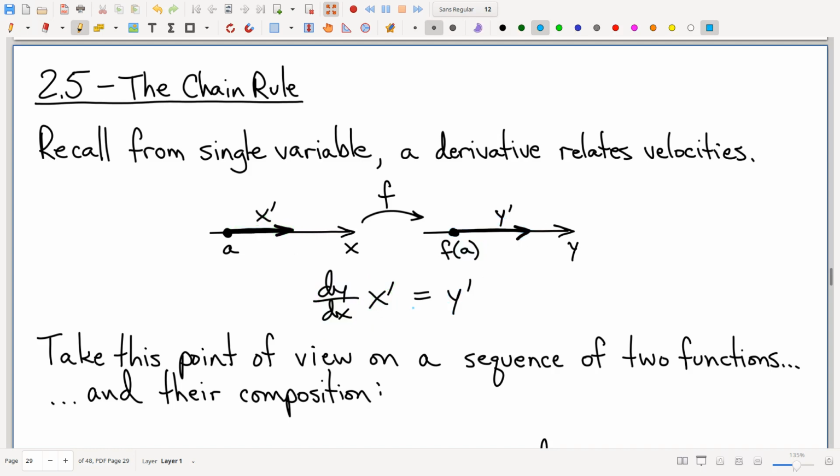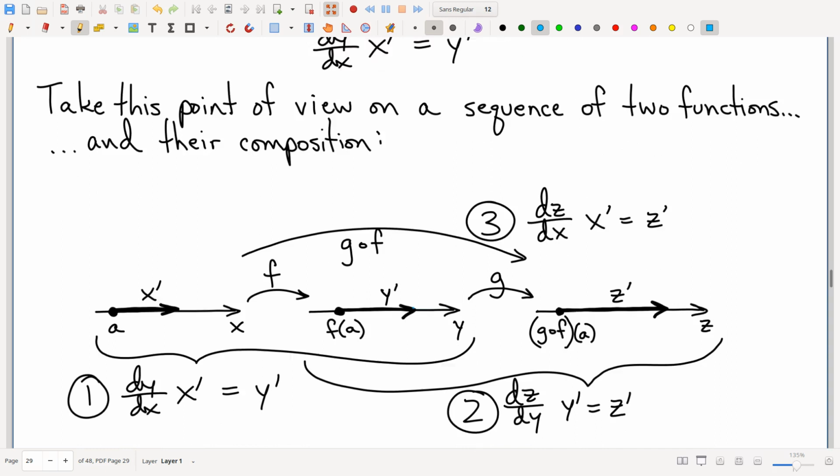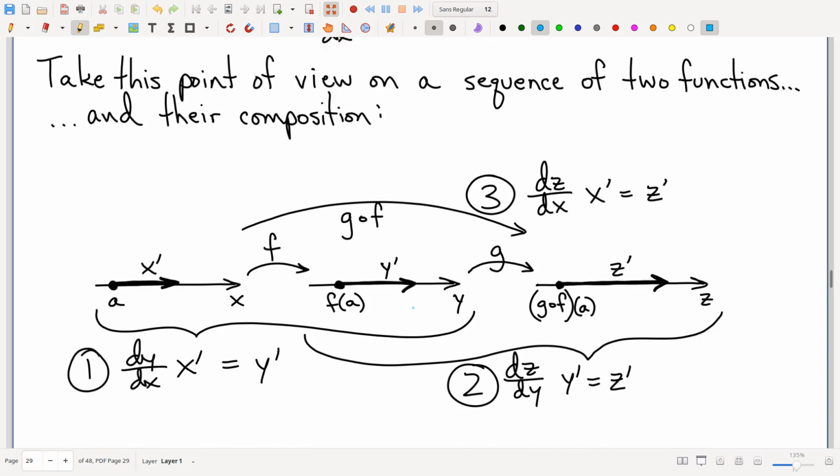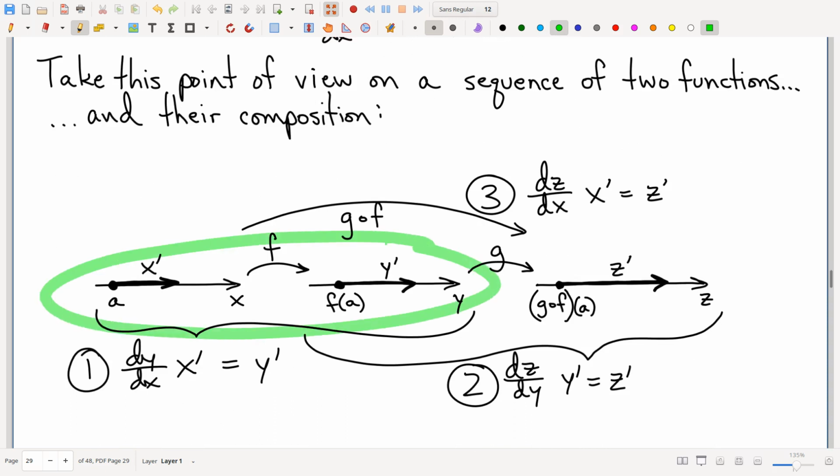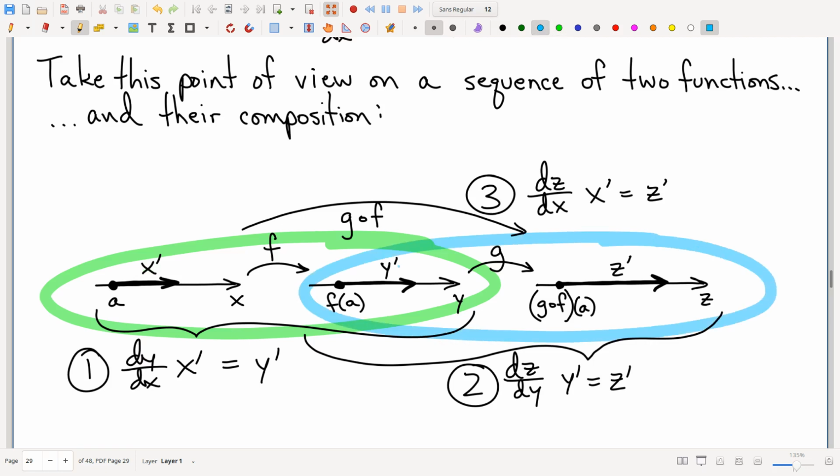So with that established, let's look at this scenario where I have a concatenation of two functions. You see here we have the function f that takes in x's and gives out y's, a single variable function. Here is a function g that takes in the y's that came out of the first function and spits out z's.